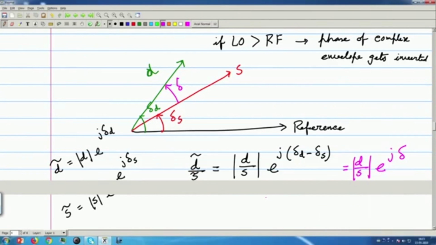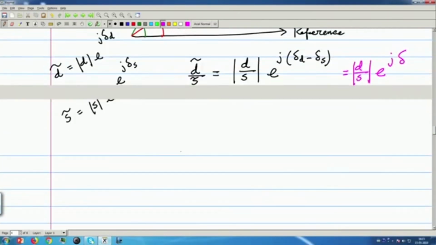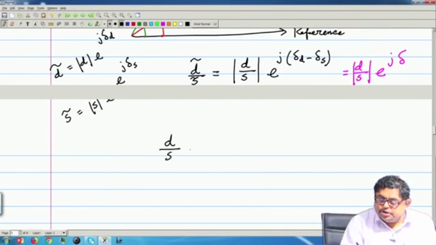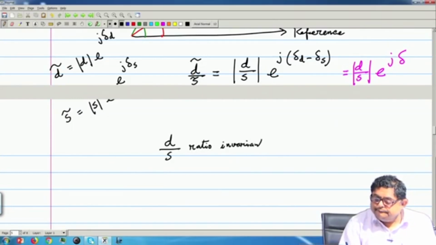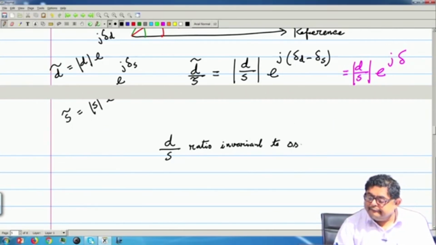So, I will see a concept, because previously I have mentioned that the D by S ratio is invariant to oscillator drift.